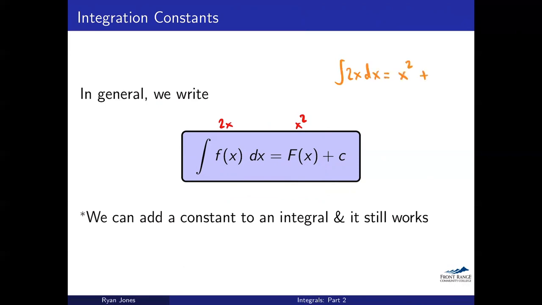It's x squared plus any number that I want. I could add a 1, a 7, a -2, anything. I could add pi if I wanted. I could also add 0, and then I would just be left with x squared. Any of those works, so my answer has to be this, all said and done. Basically, you can add a constant to the answers for these integrals, and it still works out.